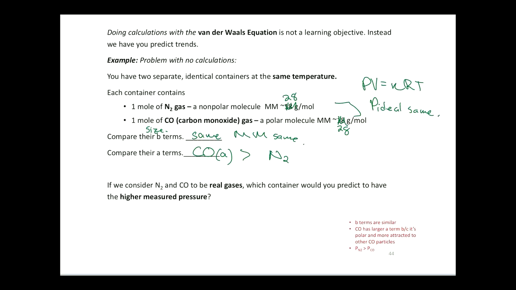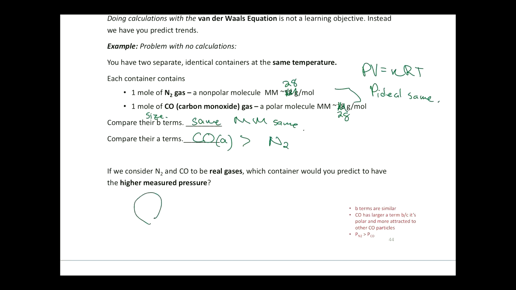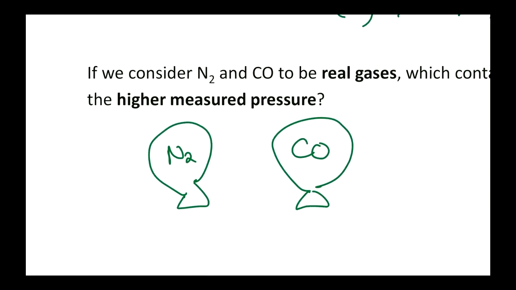So if we consider both of these gases to be real gases, which one has the higher measured pressure? So we got two balloons, one's N2, one's CO. Which one is going to have the higher pressure? N2 or CO? Think about how they differ. In CO, the particles are what? They're attracted to one another. So how is that going to affect the pressure?